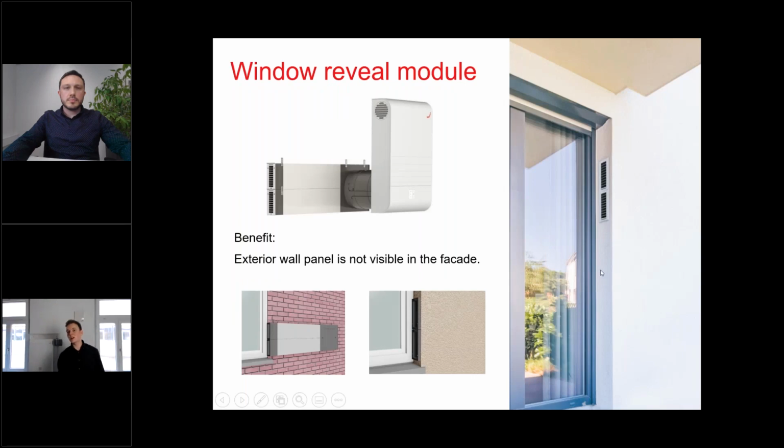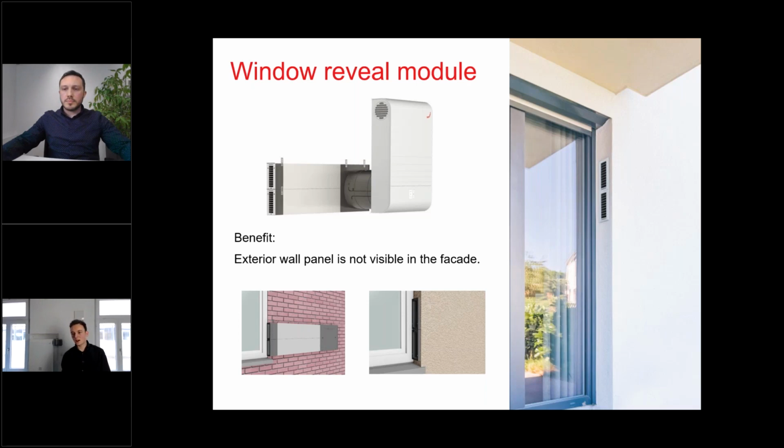What we also have in our portfolio is the window reveal module. This is used to hide the outer wall grill in the window reveal, so that there is no grill visible at the facade. And this module comes along with the mounting tube as a whole set, and also with the shortenable channels and grills.